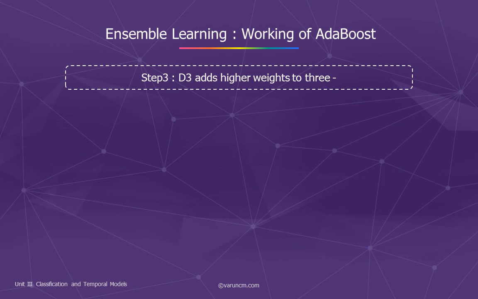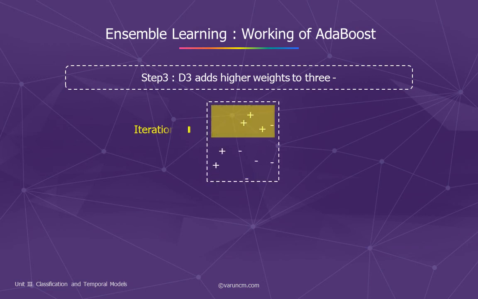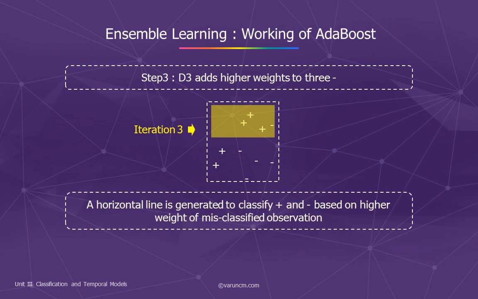So we are going for the next step where you are going to add higher weights to the 3 minus. And in this iteration you could see we have horizontally split the plus and minus. So a horizontal line is generated to classify the plus and minus based on the higher weight of misclassified observations.